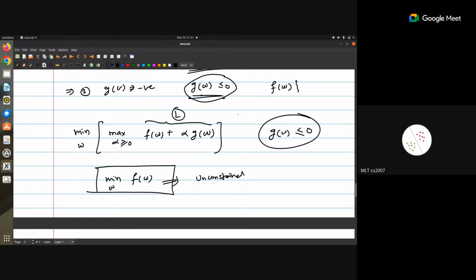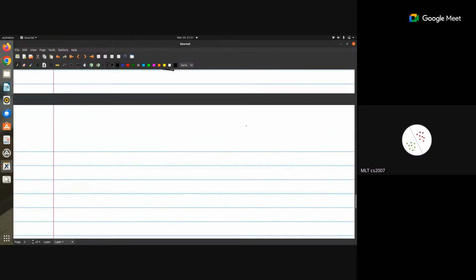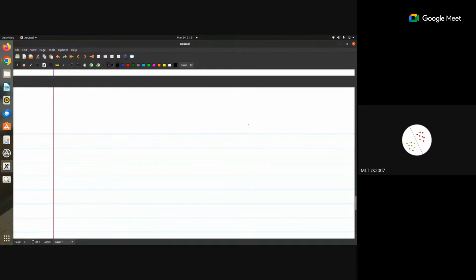Correct. I hope this is fine, no issues with that part. Okay, you might be able to solve this anyway. That is not a problem there.